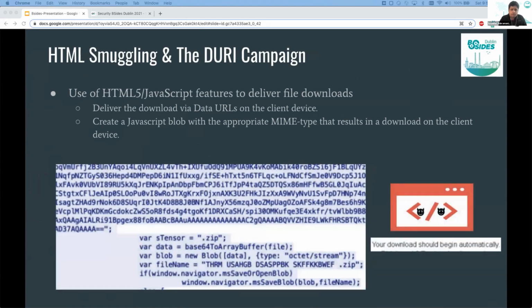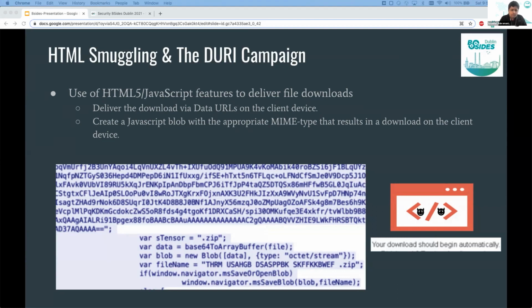As you can see from the screenshot here, there is a base64 encoded JavaScript variable that is dynamically converted into a blob using JavaScript, and you can see the octet stream MIME type that is set, which then instructs the browser to trigger download on the client side.